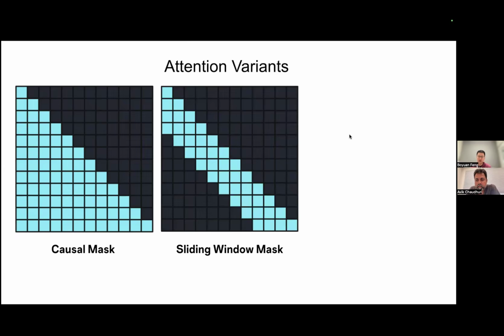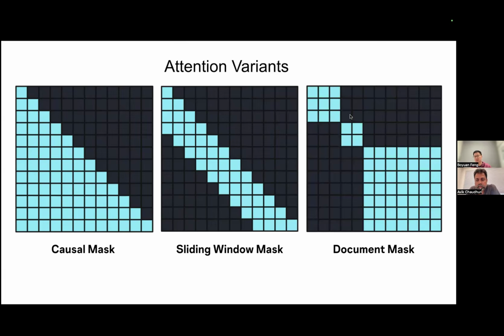After that, people also have the sliding window mask, which means I don't need to refer to so long a context; some recent context might be sufficient. And we also have the document mask, where we have multiple documents at the same time, and we only attend to tokens within the same document. So we can see there are many different attention variants.